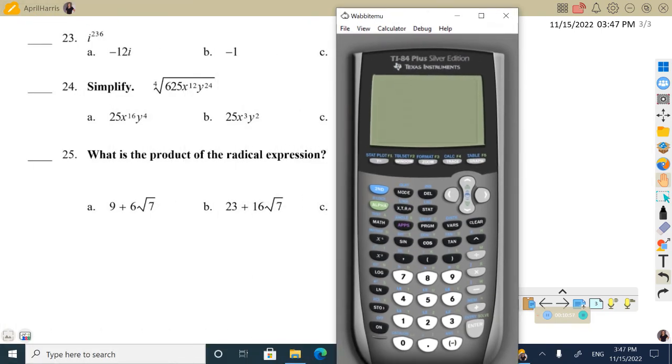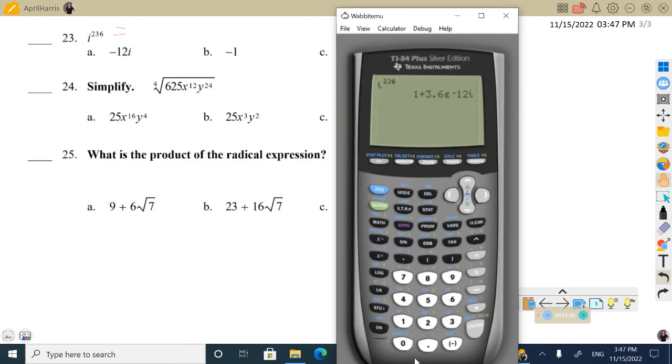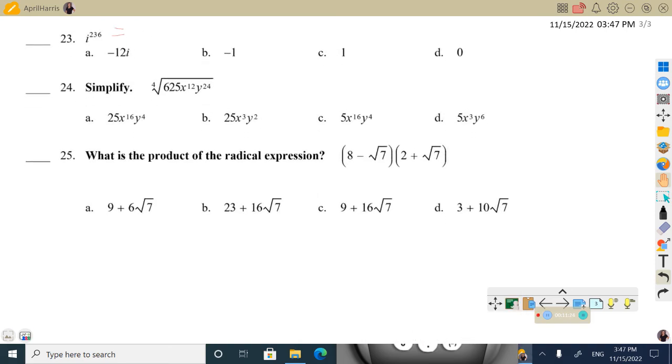All right, so I want to type in i, so second decimal point, to the 236 power. Now, when I type that in, I get 1 plus 3.6 e to the negative 12i.